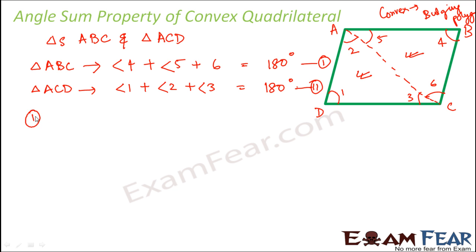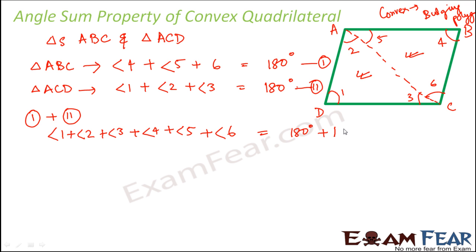So now if we add up equation 1 and 2, then what happens? On the left hand side we will have angle 1 plus angle 2 plus angle 3 plus angle 4 plus angle 5 plus angle 6 equal to 180 degrees plus 180 degrees. Now let's see what is angle 1. Angle 1 is nothing but angle D. Right now I am talking only about the interior angle.